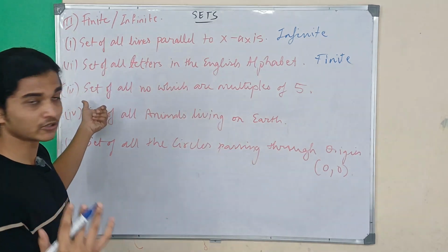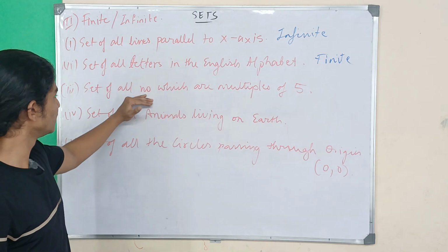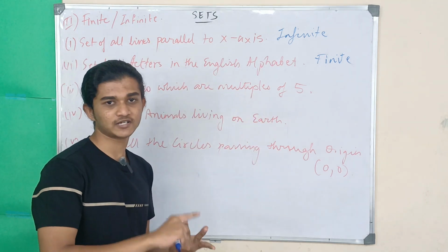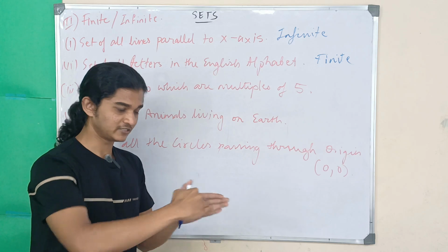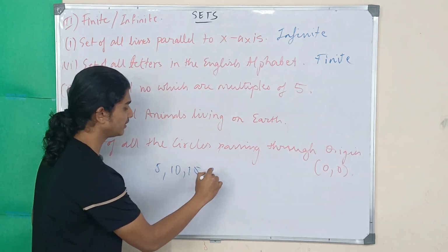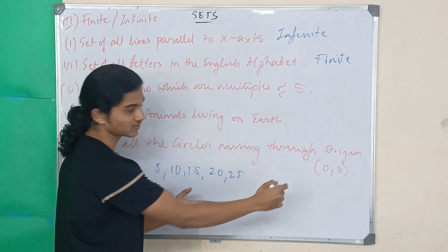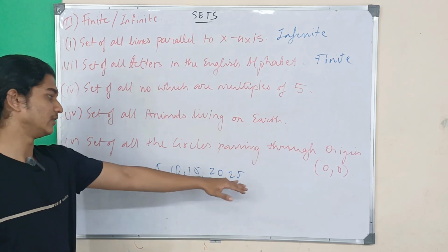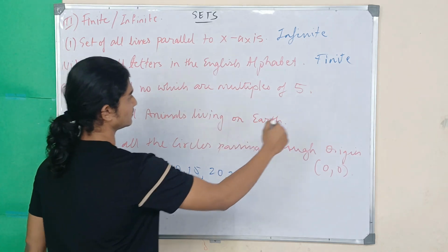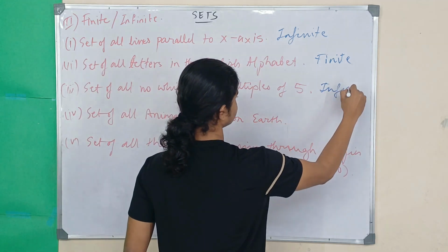Let's solve using logic. Multiples of 5: five ones are 5, five twos are 10, 15. It keeps going: 5, 10, 15, 20, 25, 30. How many numbers are there? There are an infinite number of elements which I can write here. It keeps on going. So I can say this is an infinite set.